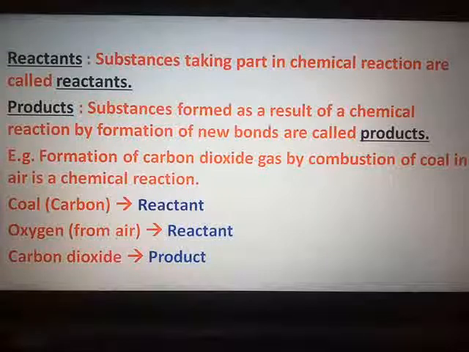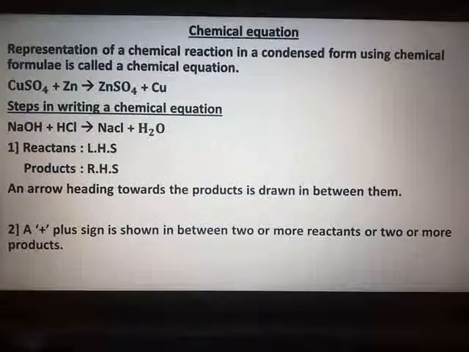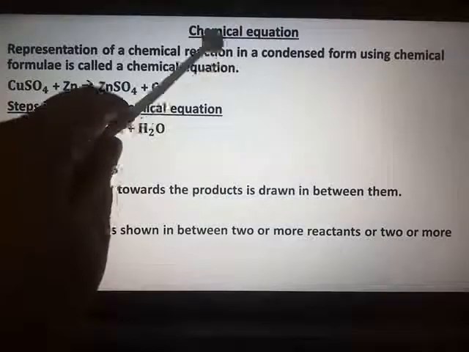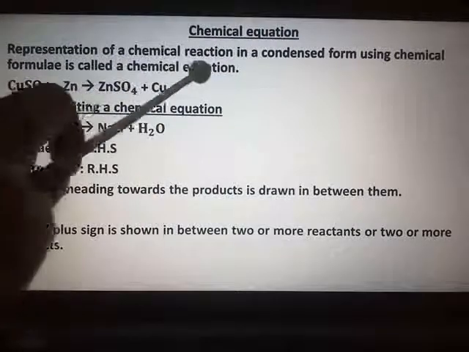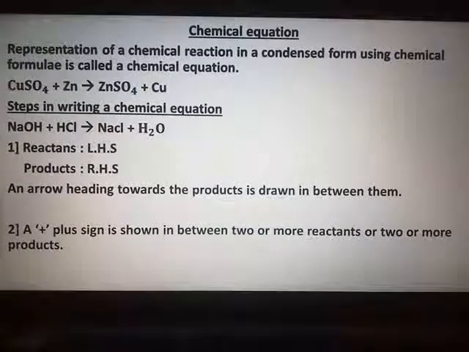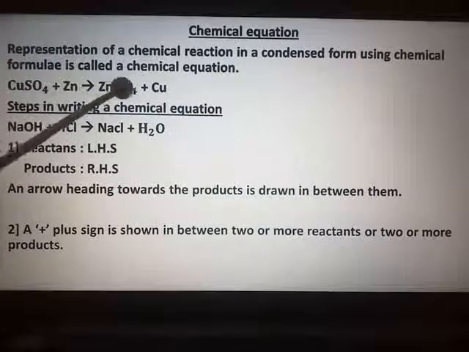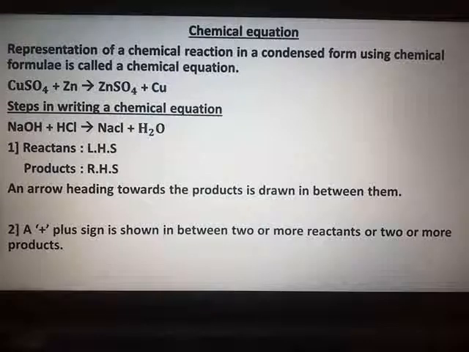Making use of chemical formulae and writing your chemical reaction in a condensed form is known as a chemical equation. So instead of writing copper sulfate plus zinc in word form, we write CuSO4 plus Zn gives ZnSO4 plus Cu. This chemical reaction is written in a condensed form using chemical formulae, and that is a chemical equation.